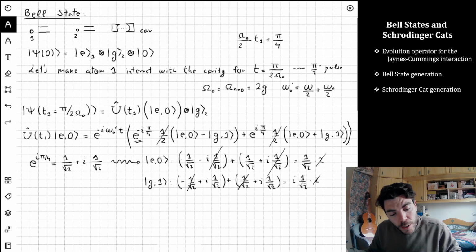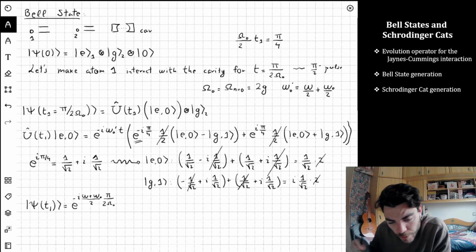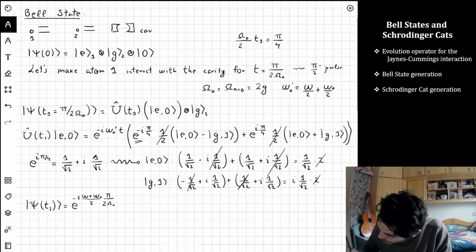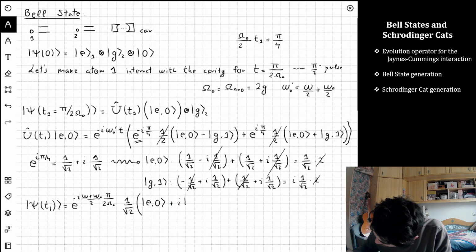Okay, and so in the end, what we get is that the wave function at time t1 is equal to e to the minus i omega plus omega 0 divided by 2, which is this omega 0 prime, times t1, but t1 was pi over 2 omega 0, so it's this phase factor, a big one, and then one has 1 over the square root 2 of the state E0 plus i G1.